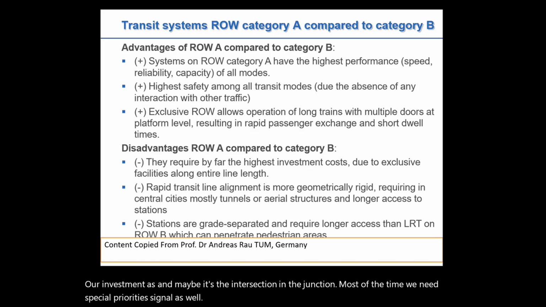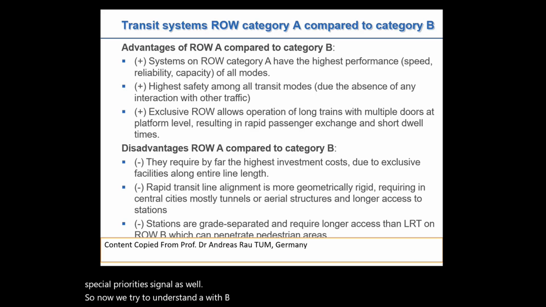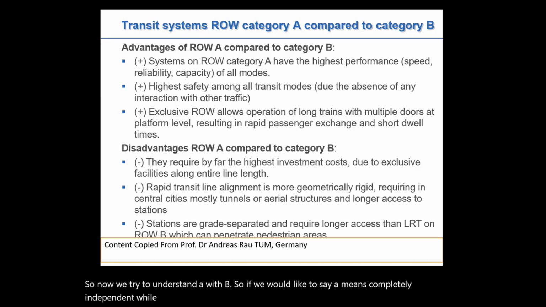So now we try to understand A with B. Okay. So A means completely independent, while B is again independent, but at the junction, at the cross section, it shares its spot with other moving or transit modes.